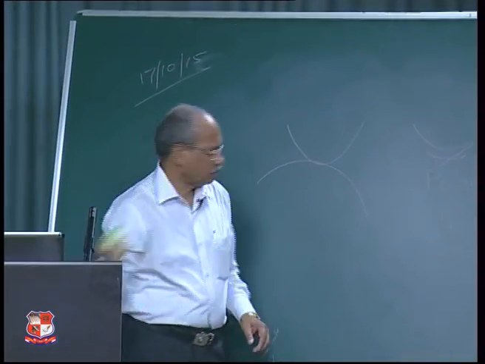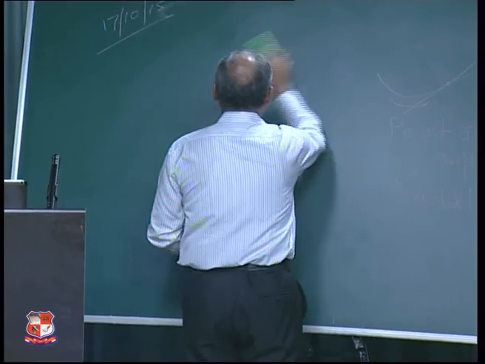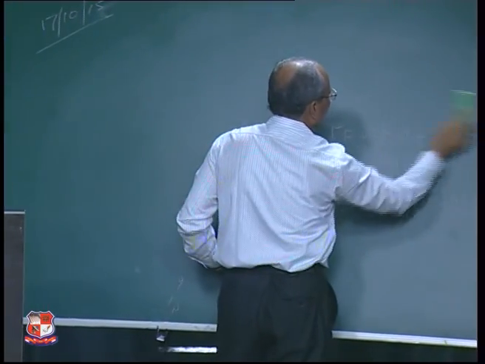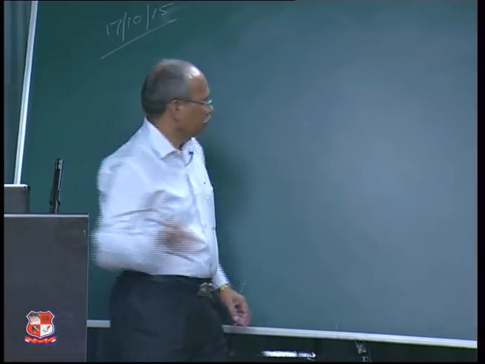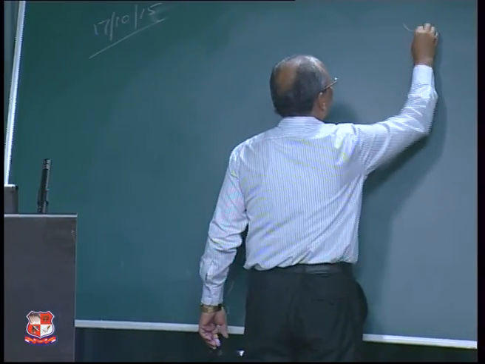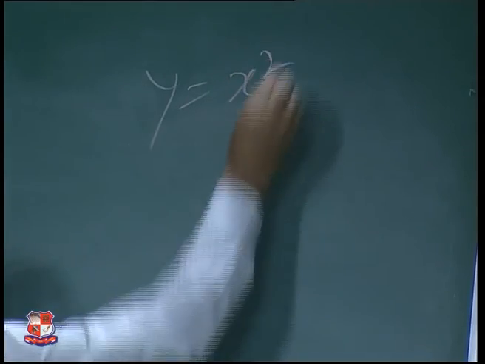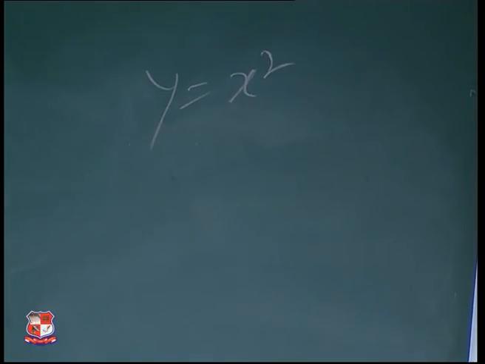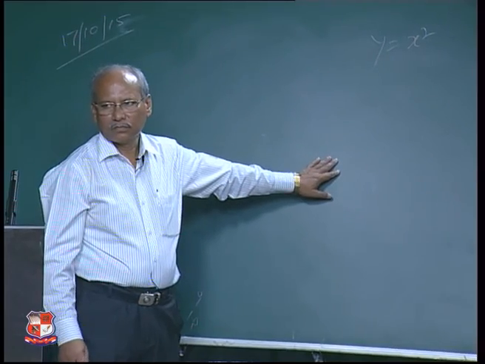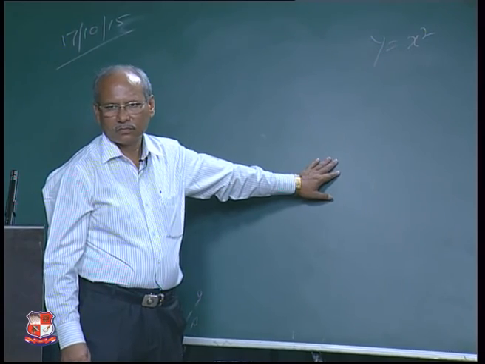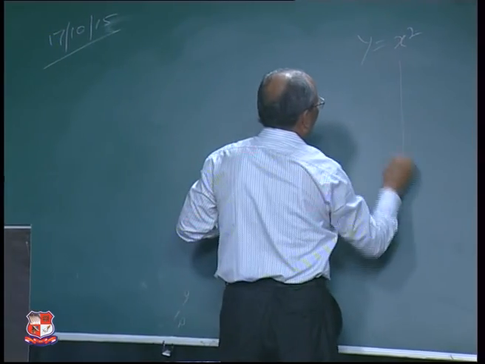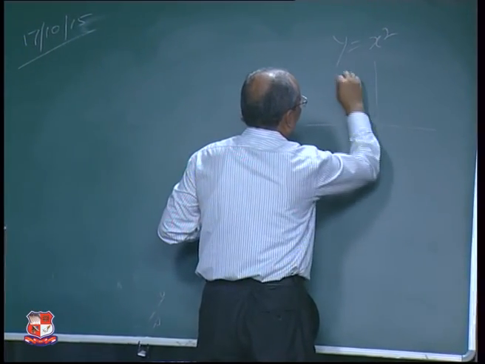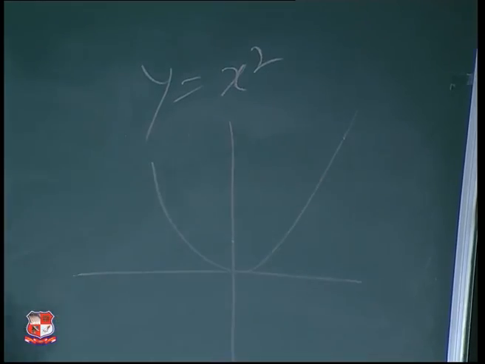We have y is equal to x square. How will this curve look like? It is like a parabola like that.